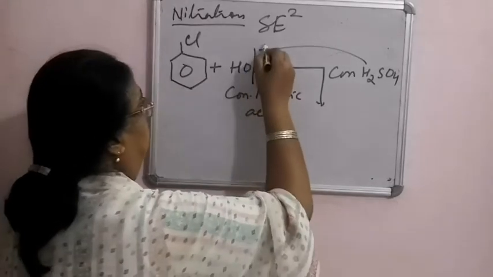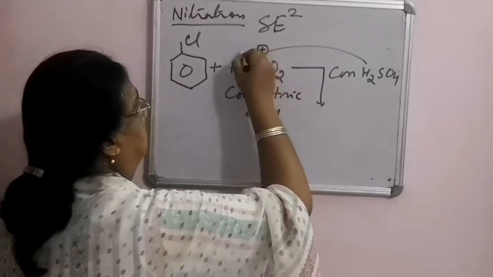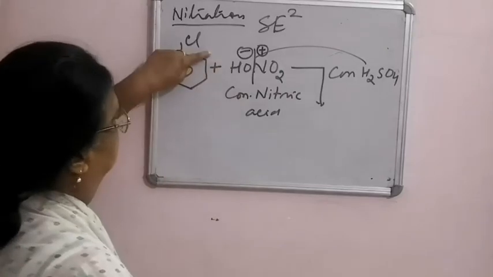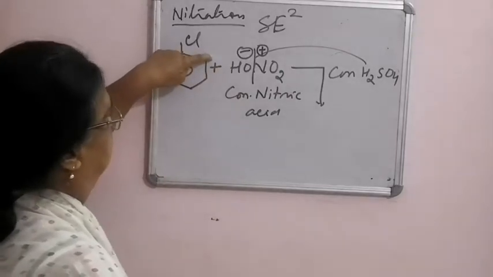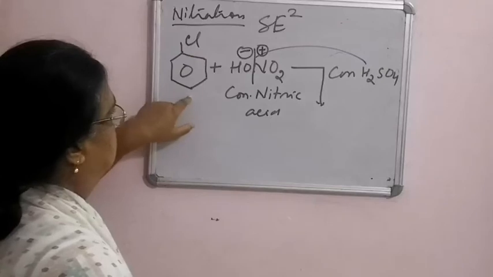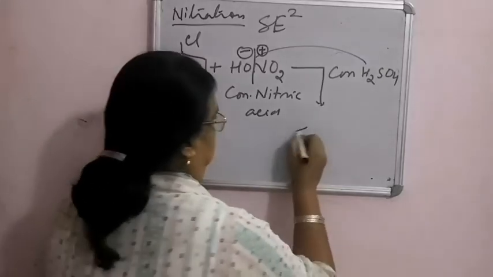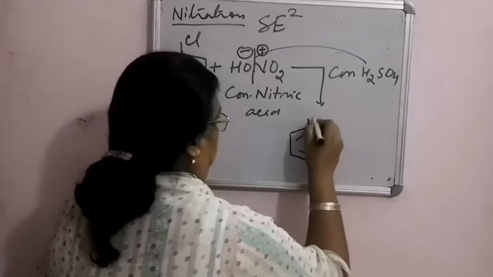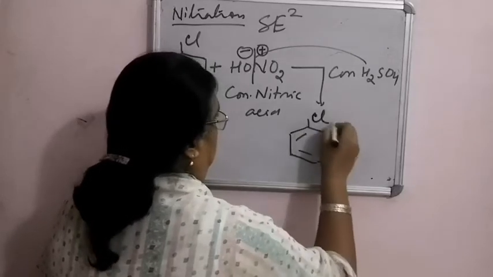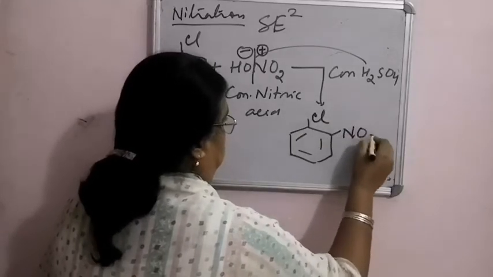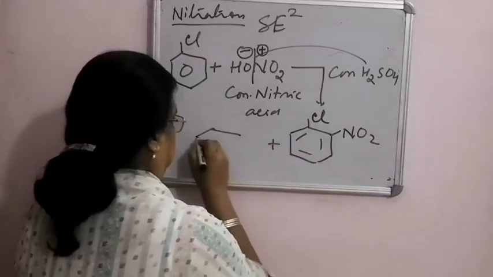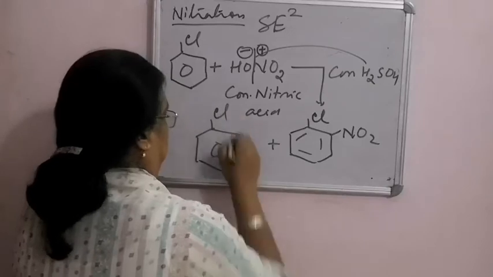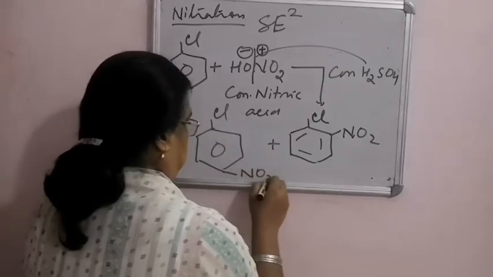So this will be splitting. This is your plus and this is minus. So it will be coming to the negative end. If here the negative charge, it will be attached here. If the negative charge here, it will be attached here. So we will get chloro and nitro attached here, and another product we will get chloro and nitro at para.